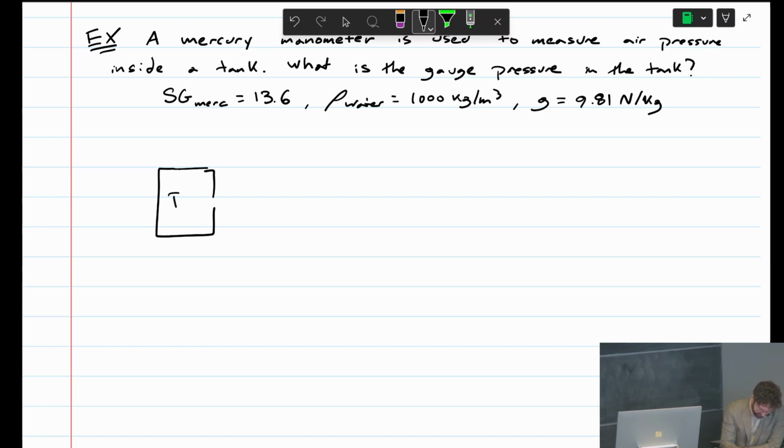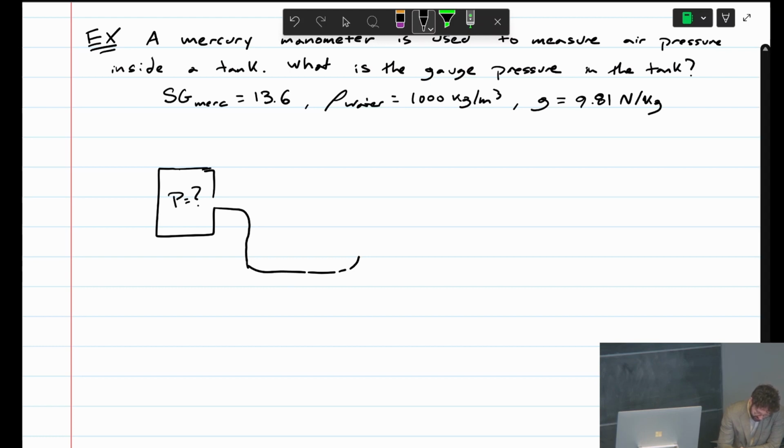So we have some tank here that we want to know the pressure in. In order to do that, we basically have the air inside this tank push on a column of mercury.